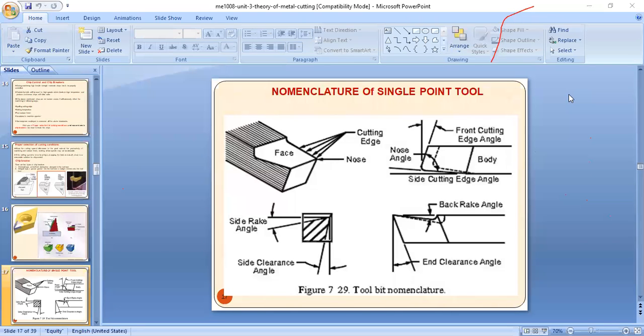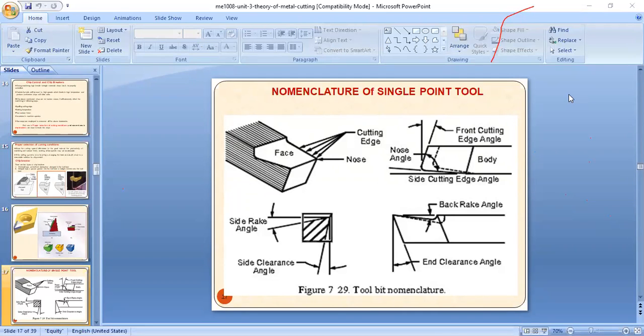And the significance of the rake angle you should also know. It allows the chips to flow in a convenient manner, in a direction away from the cutting edge, not towards the cutting edge. If the chips flow towards the cutting edge, again the built-up edge is formed.